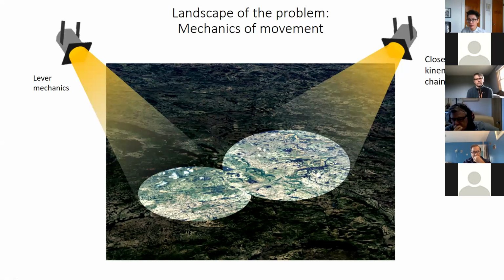Going back to my metaphor of the landscape and having different ways of seeing problems, adding closed kinematic chains theory to lever mechanics theory helps to find a way between the problem and the solution.